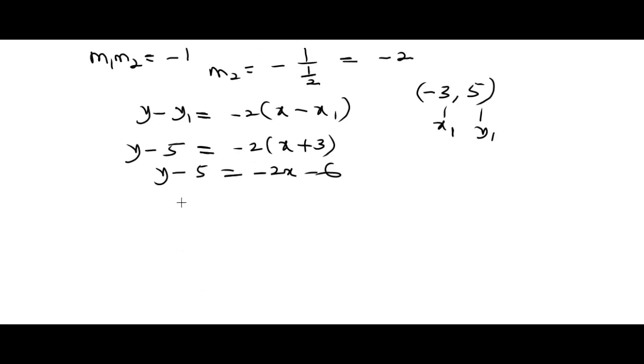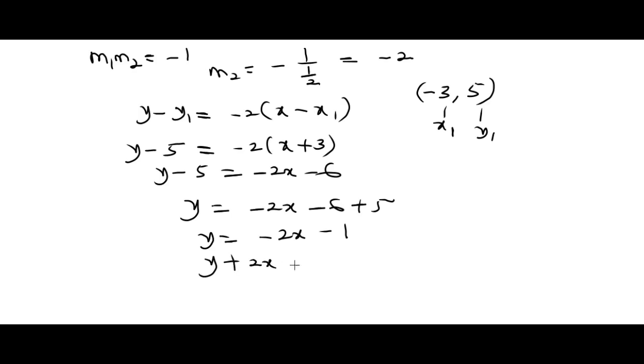So y equals minus 2x minus 6 plus 5, so y equals minus 2x minus 1. Okay, so y plus 2x plus 1 equals 0.